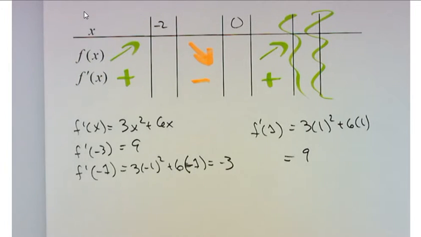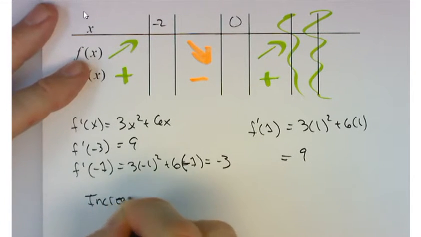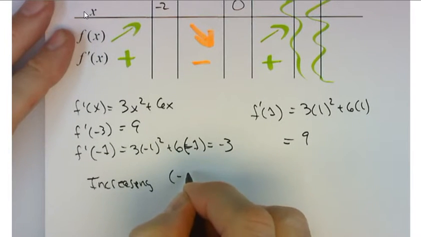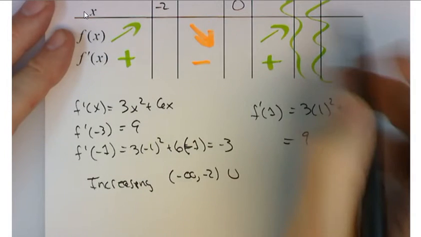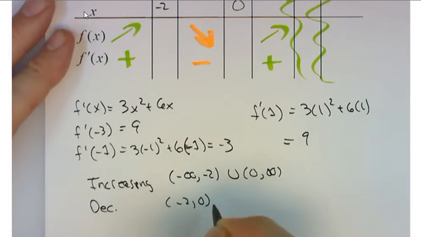So those intervals, when I ask you this kind of a problem on a test, would be increasing on -infinity to -2, and from 0 to infinity, and decreasing on -2 to 0.